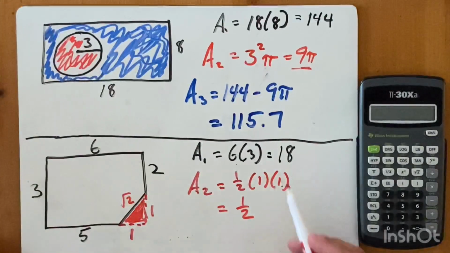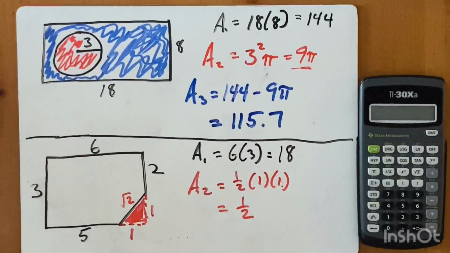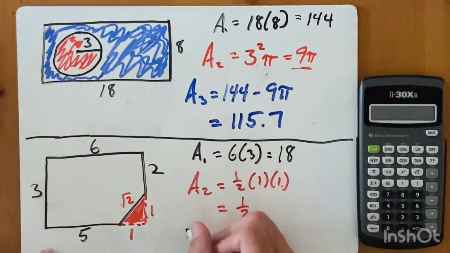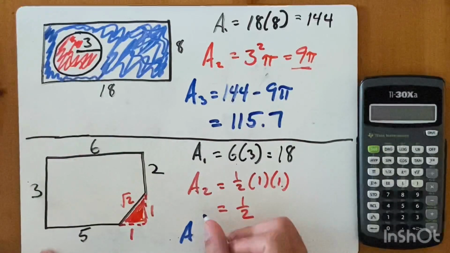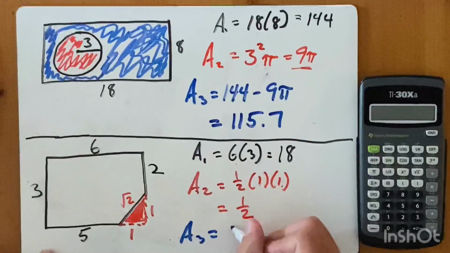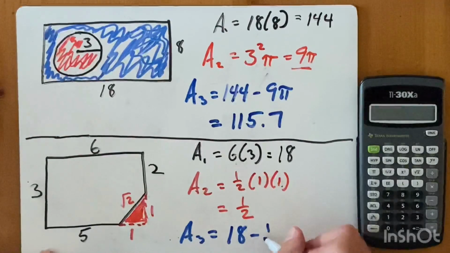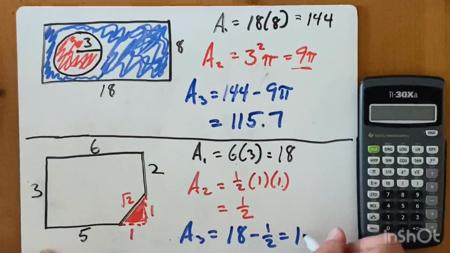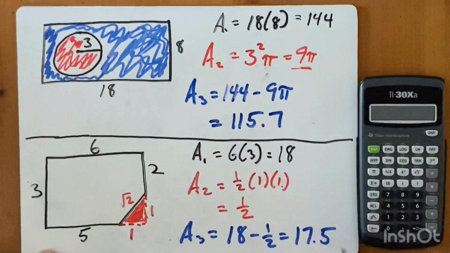So I need to subtract the area of the missing piece, which is 1/2, from the whole rectangle. So the area of the part that we want is going to be 18 minus 1/2, or 17.5.